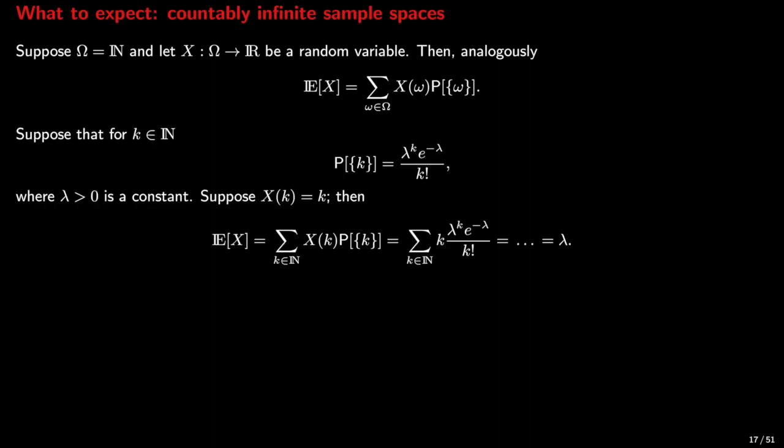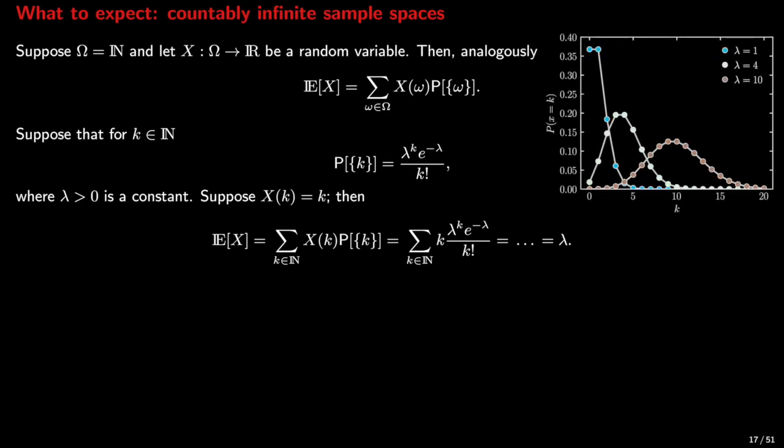So let's give an example. Let's take a probability space which is equal to N, the natural numbers, and the probability of number k happening is equal to lambda to the power k times exponential minus lambda divided by k factorial.